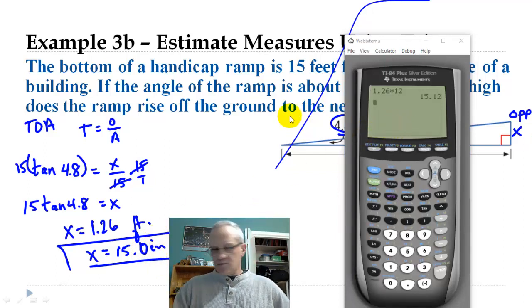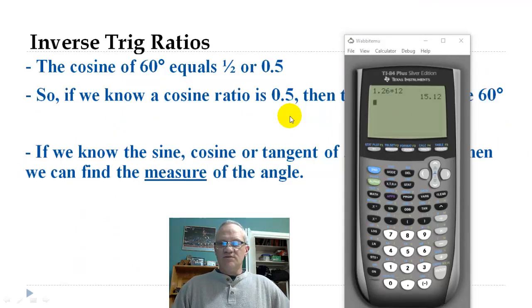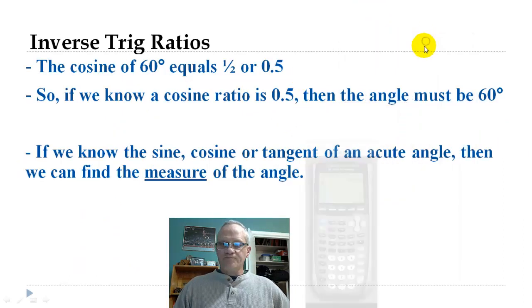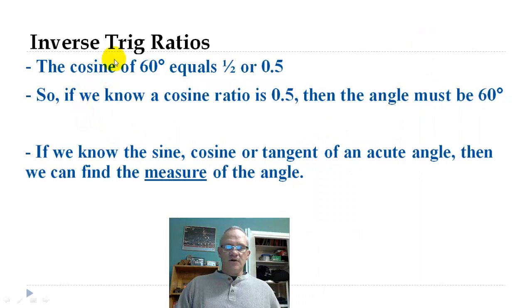All right, moving on. A couple more things we have to do to finish up here. The inverse trig ratios are what we have to talk about. Remember before we did the cosine of 60 degrees and figured out that it equaled 1/2, or 0.5. What the inverse trig ratios do is kind of do that backwards, hence inverse.